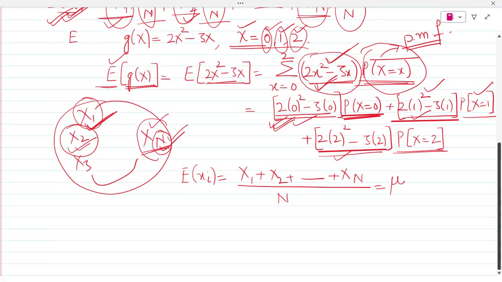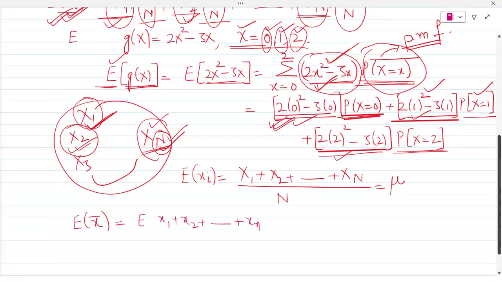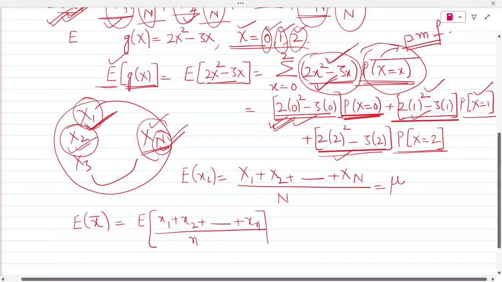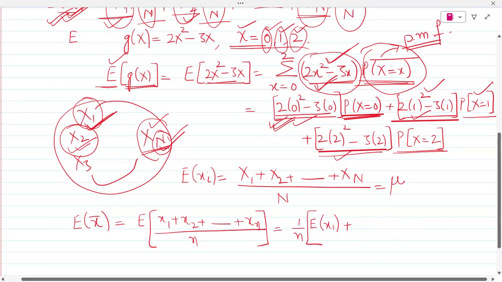Okay, so now the expected value of x bar. The sample mean is nothing but x1 plus x2 plus, and so on, times 1 by n.